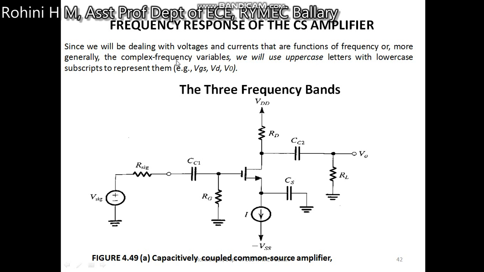More generally, for the complex frequency variable, we use uppercase letters: VGS, VD and V0. For the 3 frequency bands, we are just recalling the same circuit. These 2 are the coupling capacitances, and this is the source bypass capacitance, that is CS.